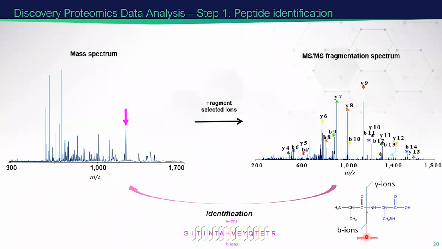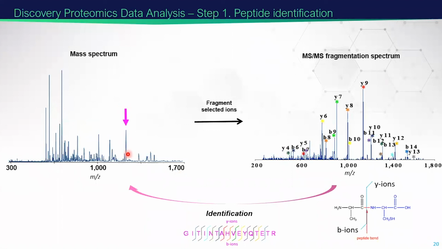If they're from the N-terminal end, they are called B ions. You have lots of ions, and you can match those to the database. So you get the identification of peptides.